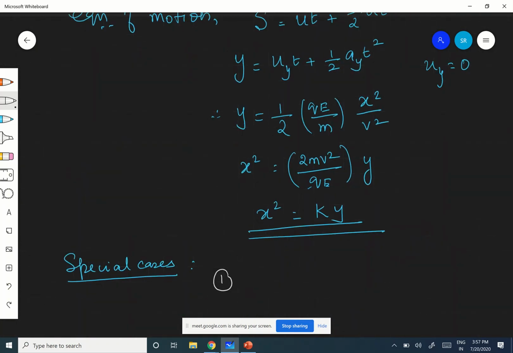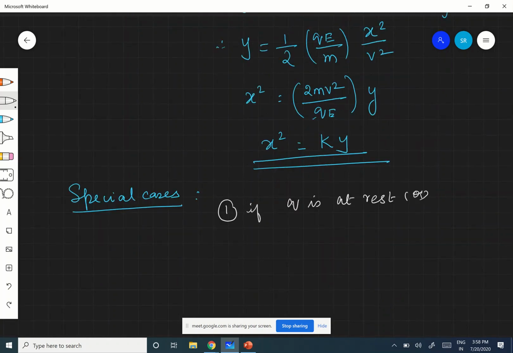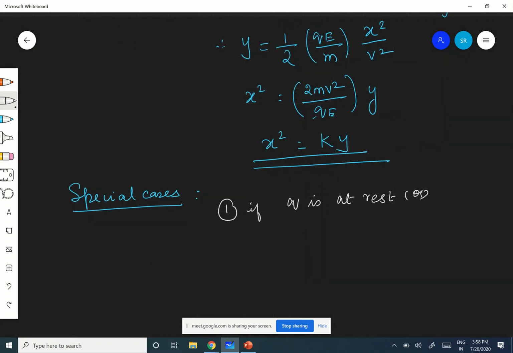Right. Therefore, if the charged particle is at rest, number 1, or second, Q is initially moving along the electric field, both.